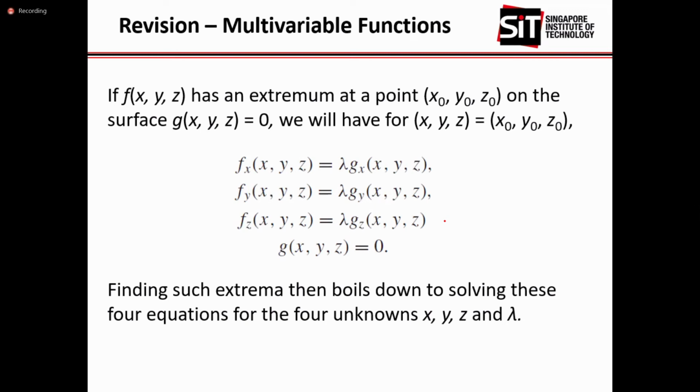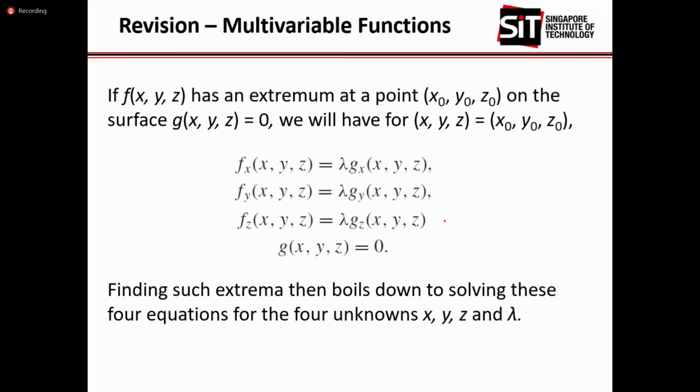So to solve the constrained optimization, in this case just one constraint, we have to solve a set of 4 or more equations to determine the values of x, y, and z and lambda, which is the Lagrange multiplier.